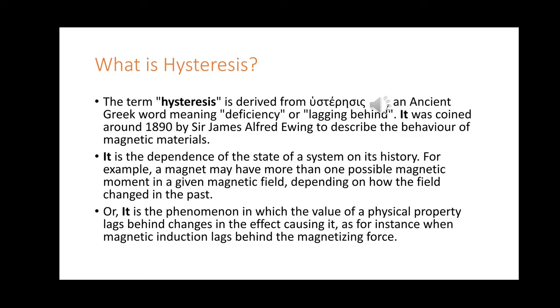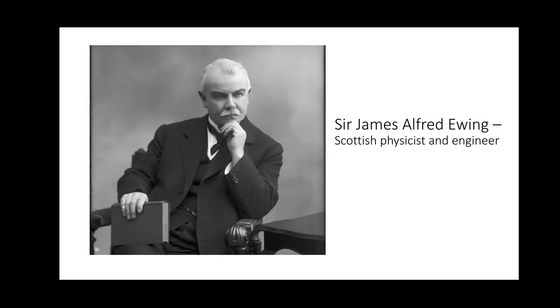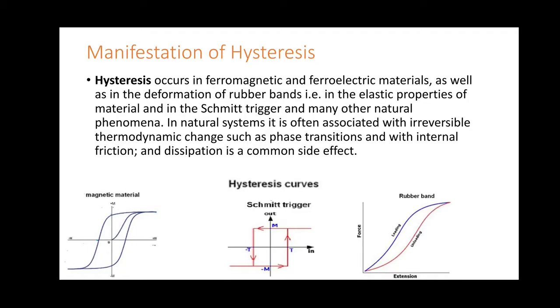So, what is hysteresis? Before reading what is written on this screen, I will proceed here. This is the diagram of magnetic hysteresis of a ferromagnetic material. In the diagram, we see that the values of M and H start to increase from the origin and reach some point.